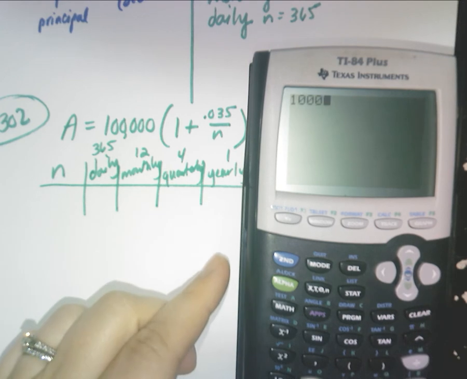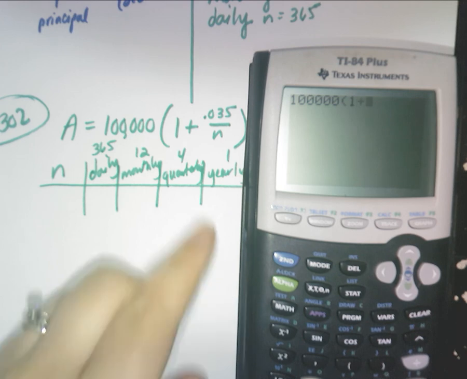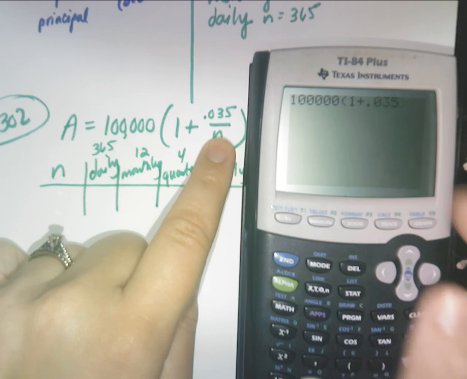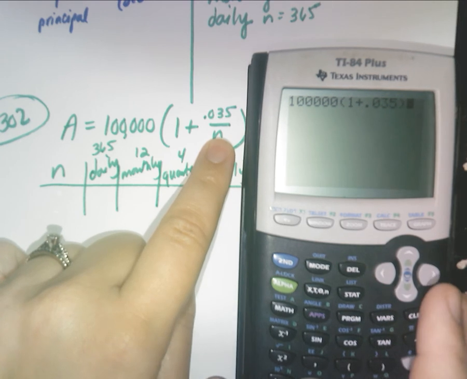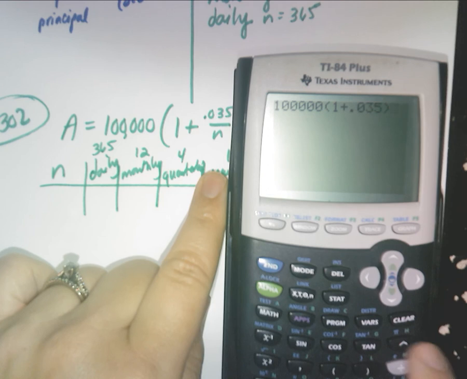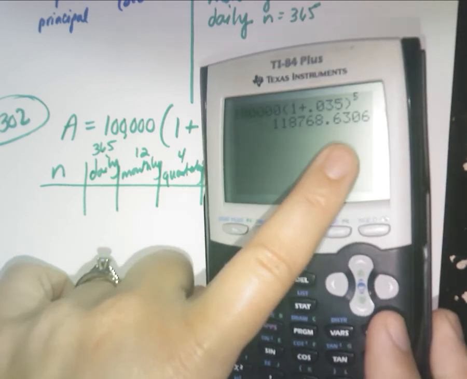So 100,000, just be careful of your zeros, times 1 plus 0.035. I'm not going to put it divided by 1 because it is. And then raised to the power of 1 times 5, or just raised to the power of 5. And you're talking about dollars, guys?